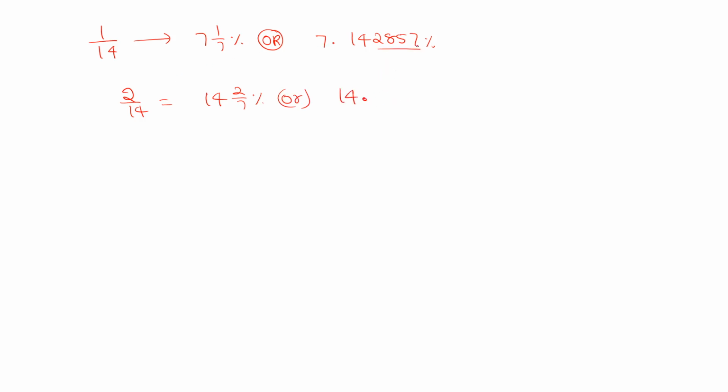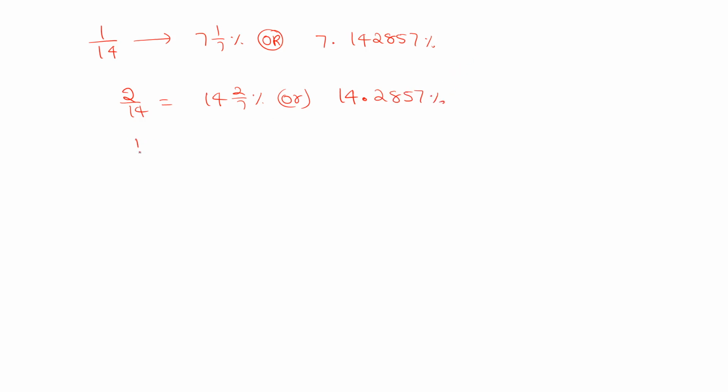Another important percentage conversion is 1 upon 14. The percentage conversion of 1 upon 14 is 7 1 by 7%, or 7.142857%. Observe another cyclicity here. If we need the value of 2 upon 14, that can be written as 14 2 upon 7%, taking 2 times 7, that is 14, and then the 4 decimal places that follow, that is 2857%.